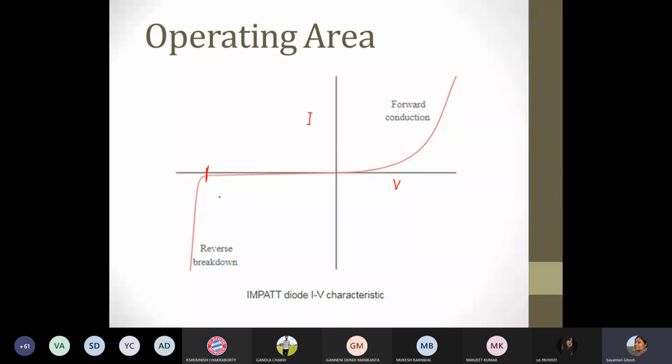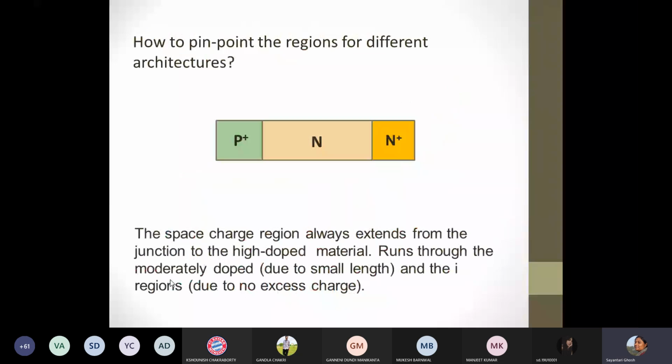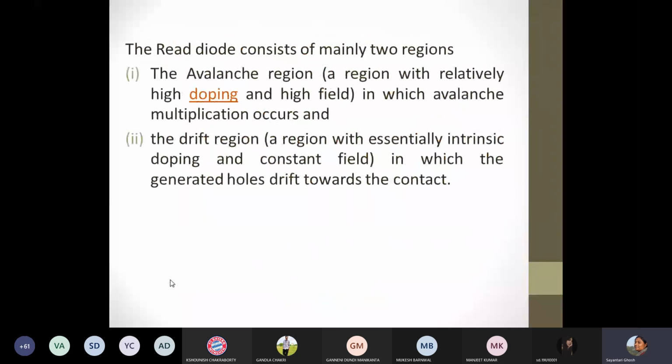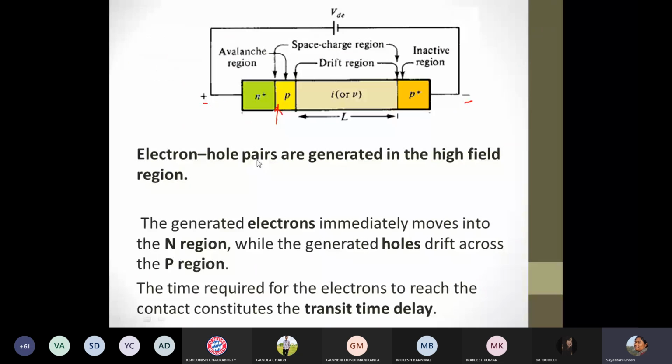And this breakdown region is basically the working region, the operating area for us. So to choose the battery for our device, I will connect this DC battery, let me call it VDC, in such a way that this junction is at the verge of breakdown. That is how I choose the battery. That is how I fix the voltage.